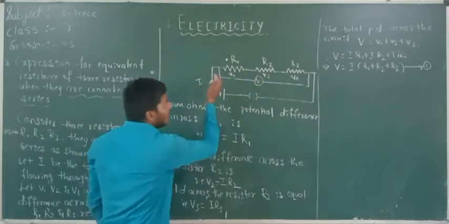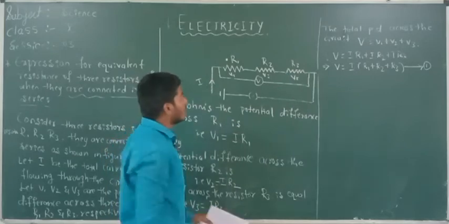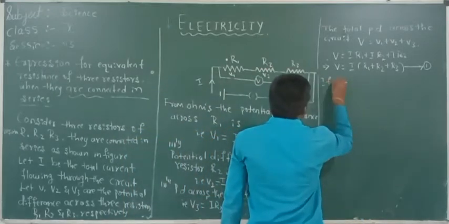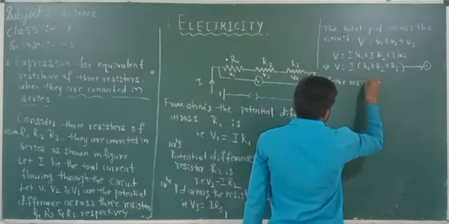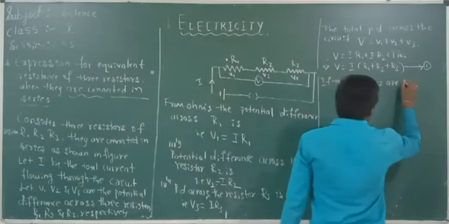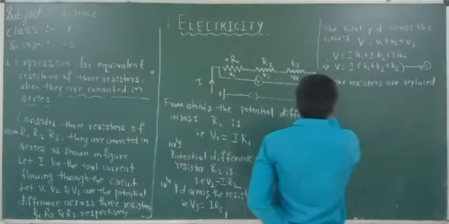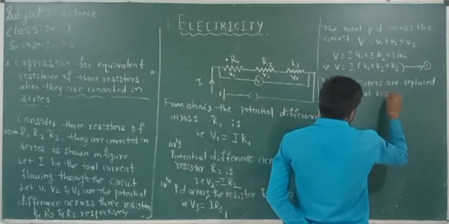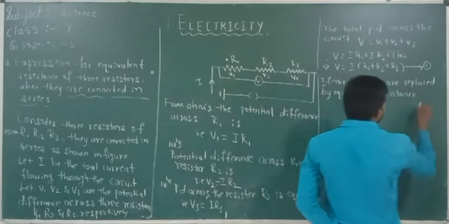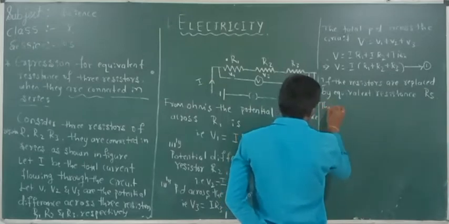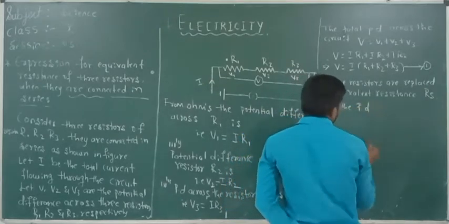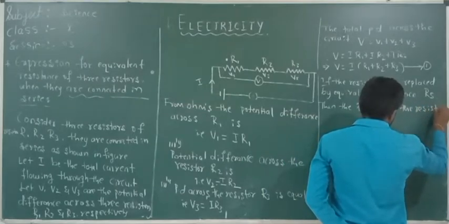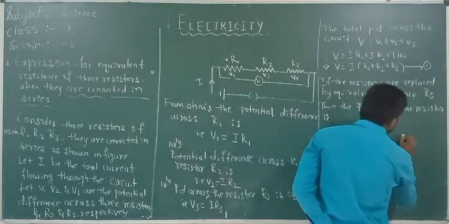If we replace these three resistors by an equivalent resistance, replacing three resistors with one resistor, that is, if the resistors are replaced by equivalent resistance Rs, then the potential difference across the resistor is... See here how we replace the three resistors.